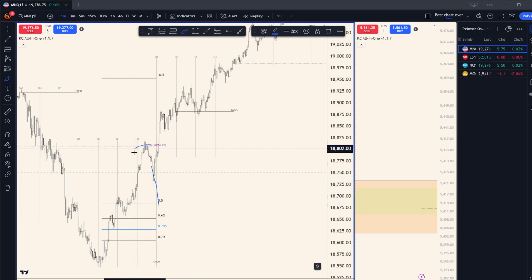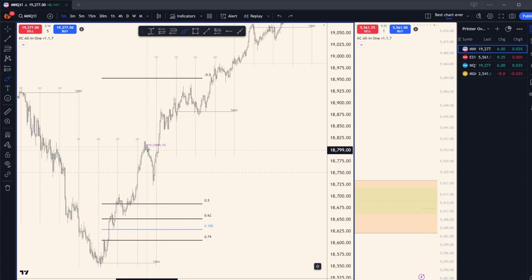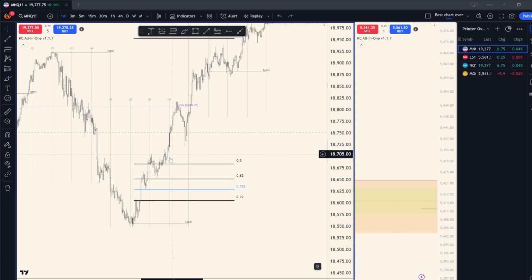Or if you're trying to short here, you can have your targets around here, but you can think that, okay, it's most likely going to come down to discount first before shooting right back up. It's a nice little tool. It's not 100% all the time, as we can see here. Price never came back to discount first before going higher. But when it comes to catching the bottoms or the tops, it can help you not run out the moment internal liquidity is hit.